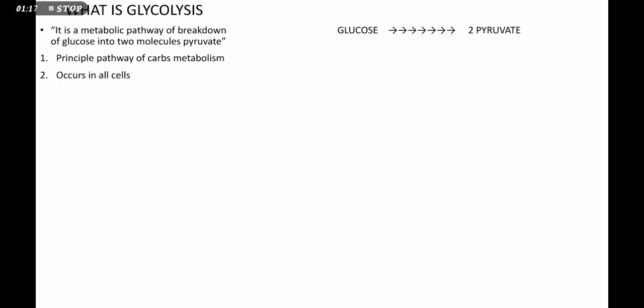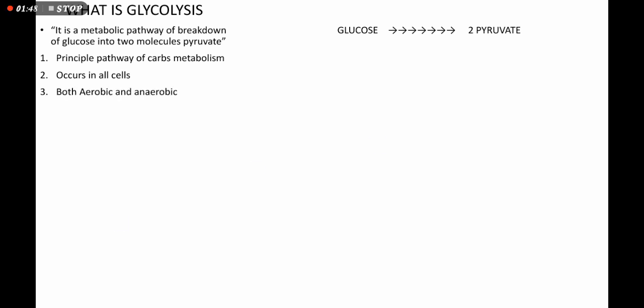It occurs in all cells of the body, but brain and RBCs require glucose as their main energy source, because 80% of the brain's energy comes from glucose metabolism, and RBCs cannot use aerobic metabolism. As a result, they depend totally on glycolysis, anaerobic glycolysis actually, to meet their metabolic needs.